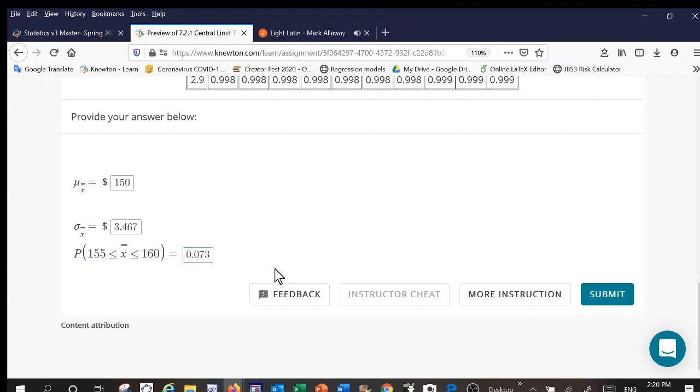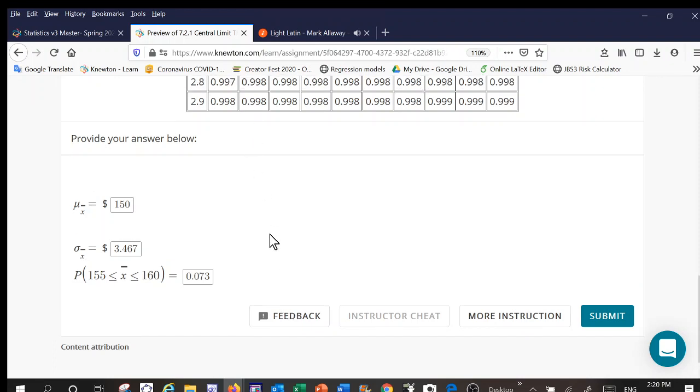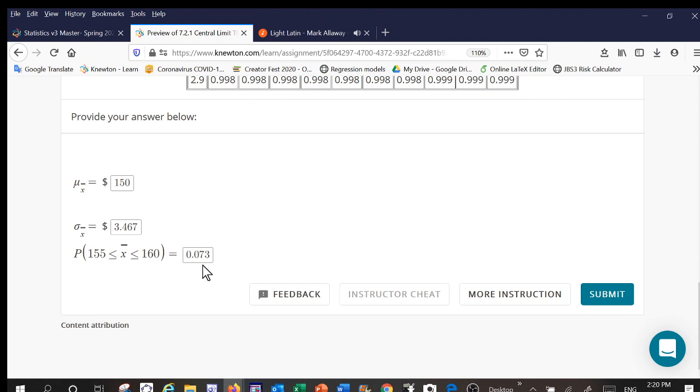If it doesn't accept your answer and counts it wrong, make sure you send feedback to them, because you can use either calculator or Z. So if your number is a little bit off, it should accept it. If it doesn't, just press this feedback and send them feedback. And send me an email and I'm going to do the same.